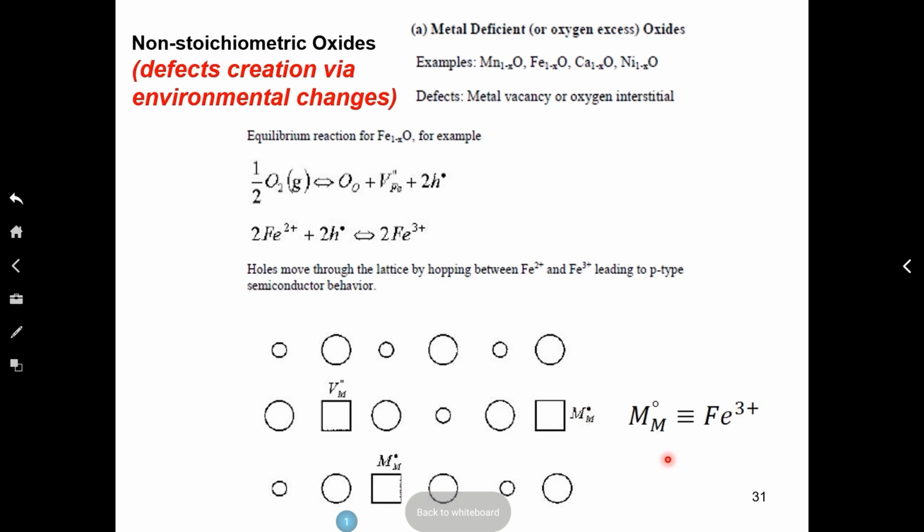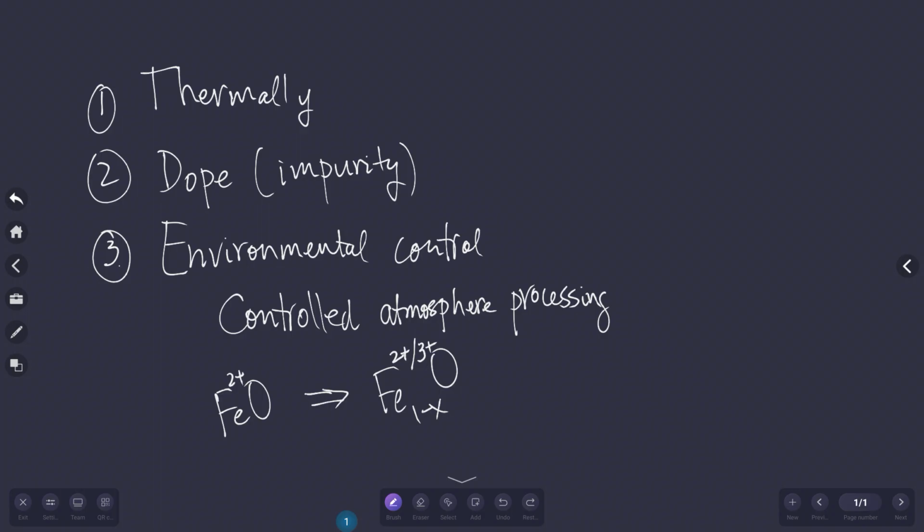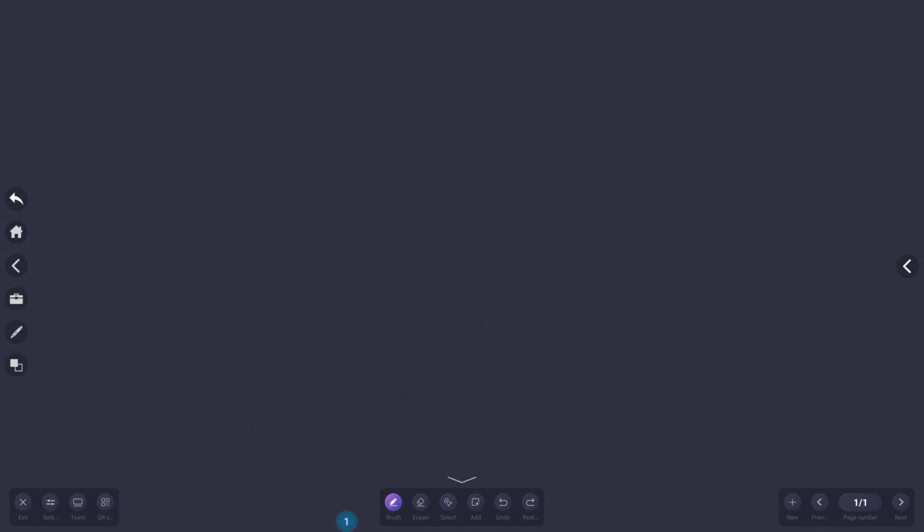Okay. So you can look at this from a band diagram perspective as well. So I go back to the whiteboard. Think about your band diagram. So you have conduction band and valence band.